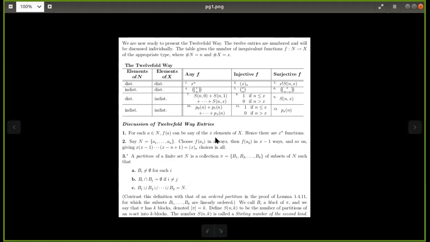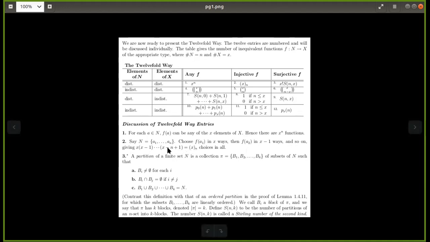Once this is fixed, one of the elements from capital X has been chosen, f of a2 now has x minus 1 choices. f of a3 will have x minus 2 choices, and so on. So f of an will have x minus n plus 1 choices. So the number of functions is going to be x, x minus 1, x minus 2, and so on till x minus (n minus 1), which is x minus n plus 1. But what is this number? This is nothing but the n falling factorial of x.